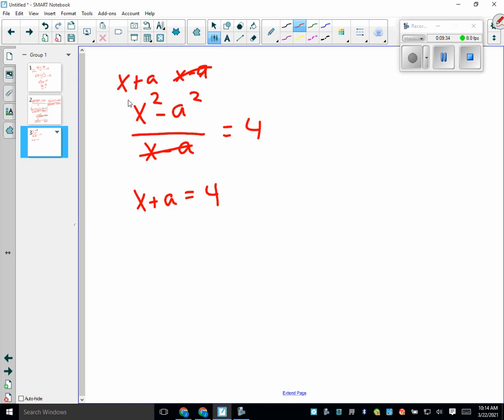Let's do it this way. It's easier to see. Is x equal to a? Yes. So does a plus a equal 4? 2a equals 4. A is 2.